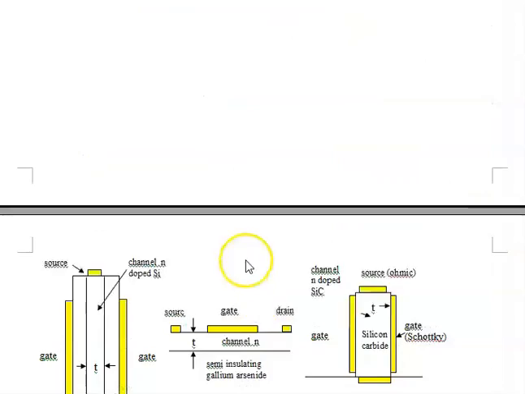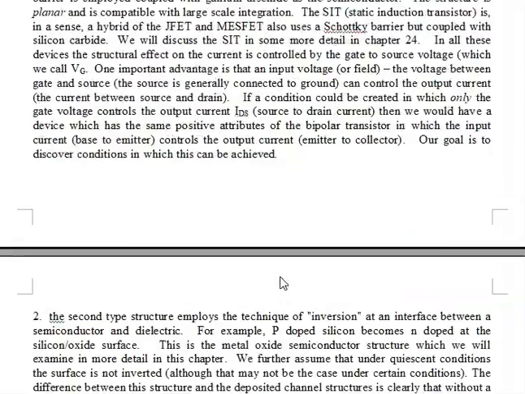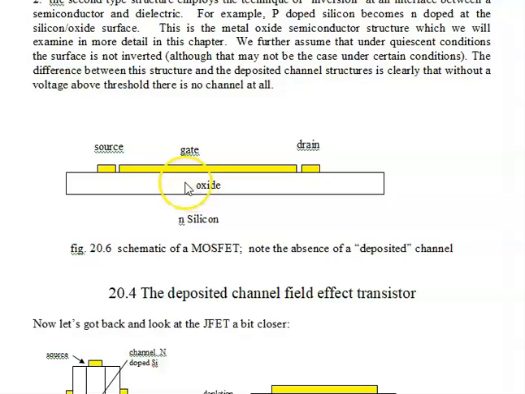Whereas this channel may be 2 to 3 or 4,000 angstroms, the thickness of the inversion layer is going to be so small that it is unmeasurable, at most a few tens of angstroms. So that's one difference between the MOS structure and the MESFET structure.